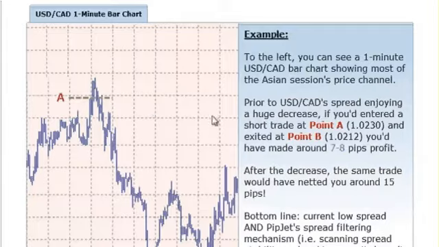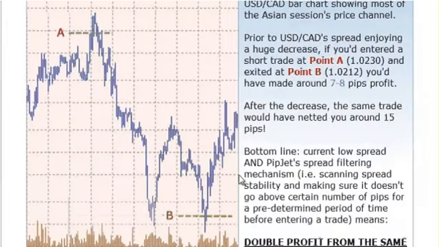It then exits at point B, which is 1.0212. You would have made 7 to 8 pips profit, and that's with the spread high like it was a few years ago. After the decrease, the exact same trade would have netted you around 15 pips.